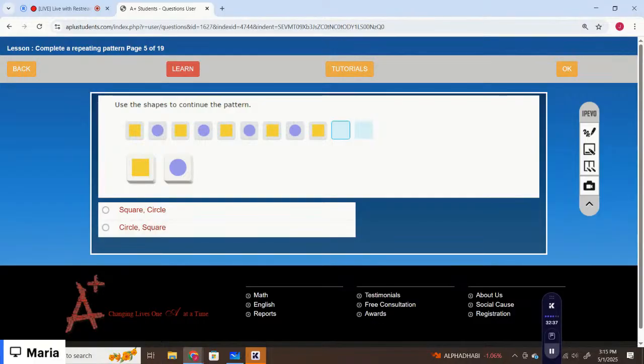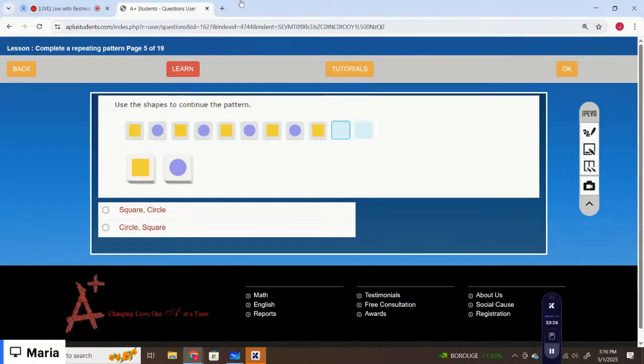Use the shapes to continue the pattern. The next one in the pattern is circle and square.